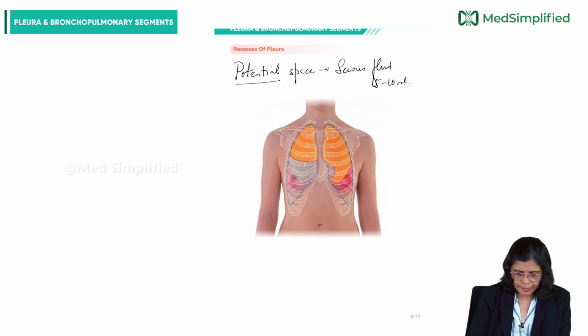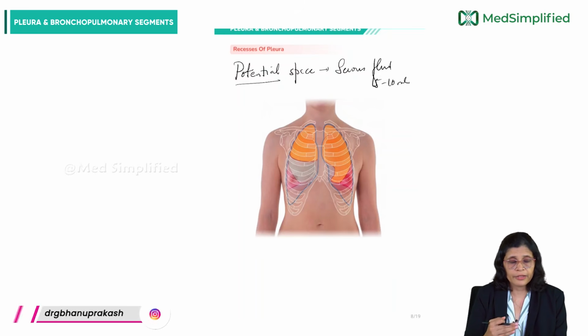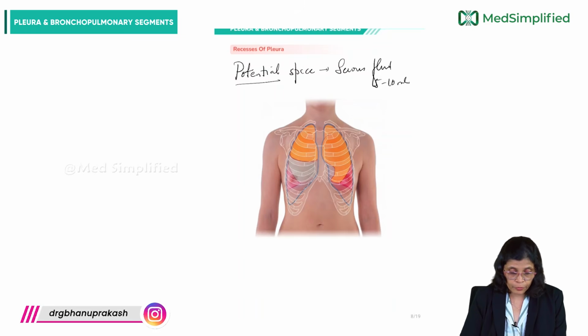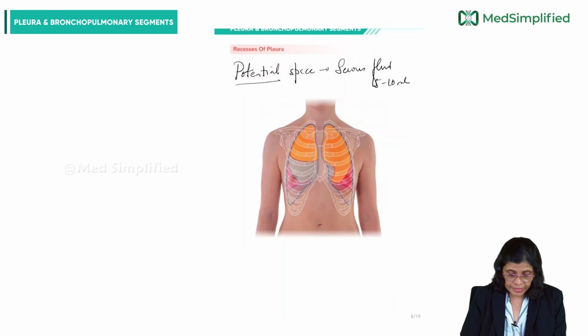This minimal fluid is there to prevent friction and for easy lubrication. But in certain areas of pleural reflection, where it reflects onto the diaphragm and then to the mediastinum, the space between the visceral pleura and the parietal pleura is expanded.